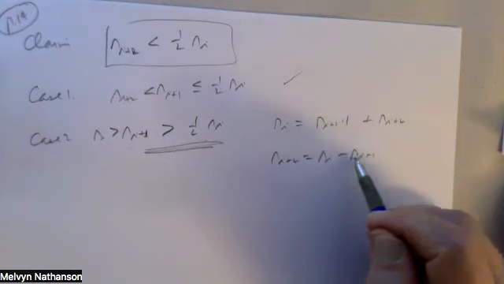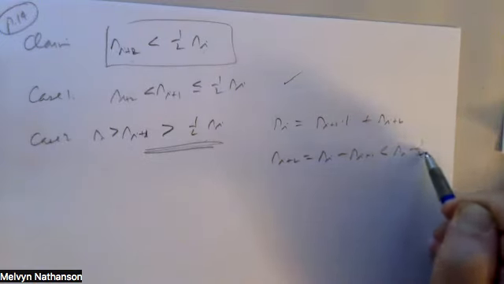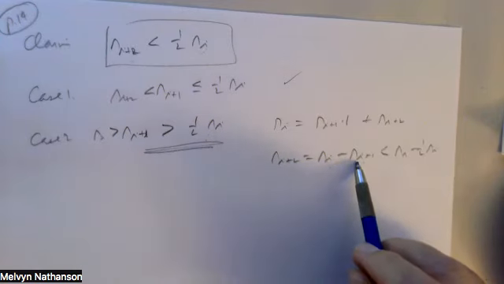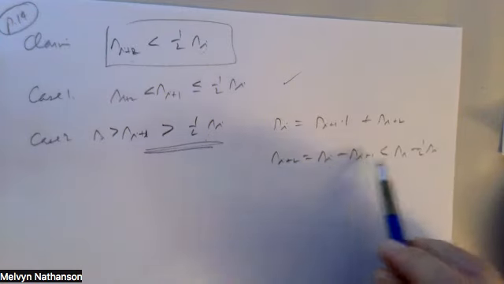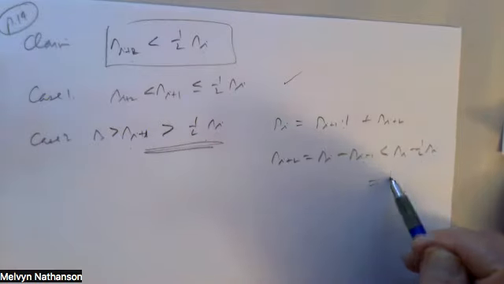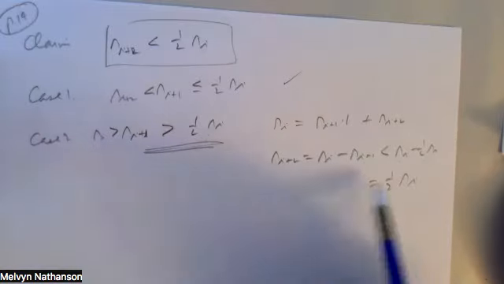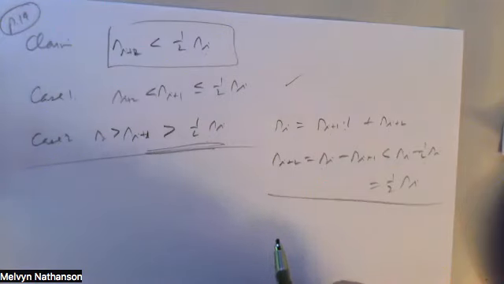So if you take away something bigger, this is less than R_i minus a half R_i. You take away something smaller, you get something bigger, and R_i minus a half R_i is a half R_i. So R_{i+2} is less than a half R_i, and that's the whole proof. So every time you iterate the Euclidean algorithm twice, your remainder has dropped by at least a half.